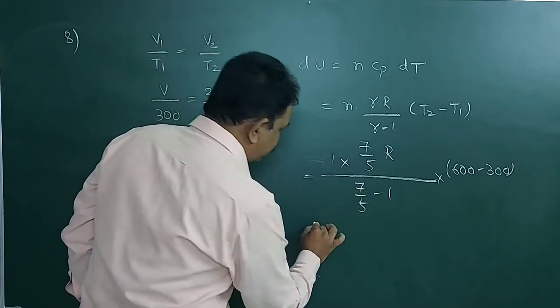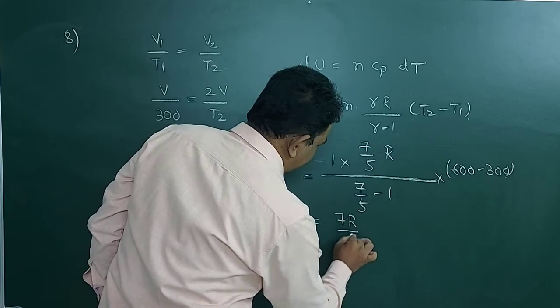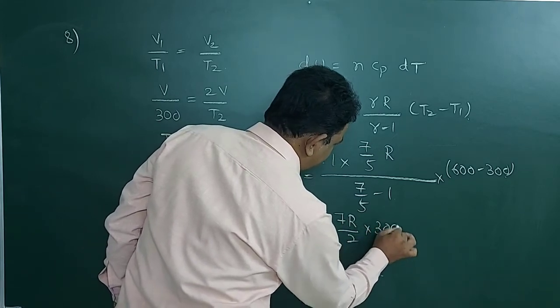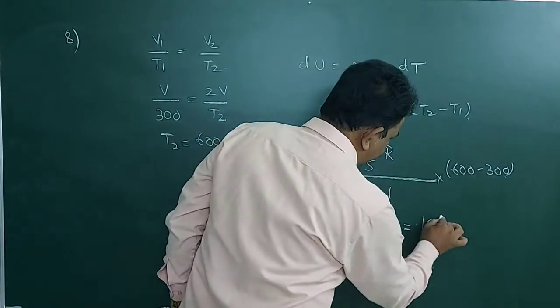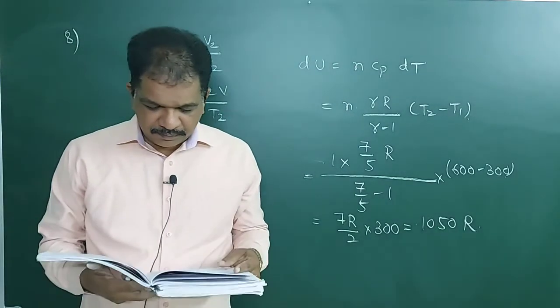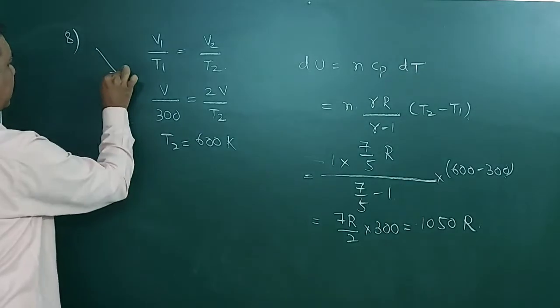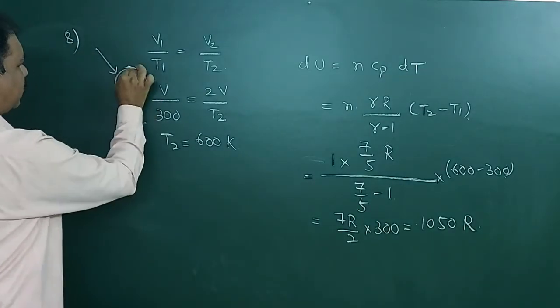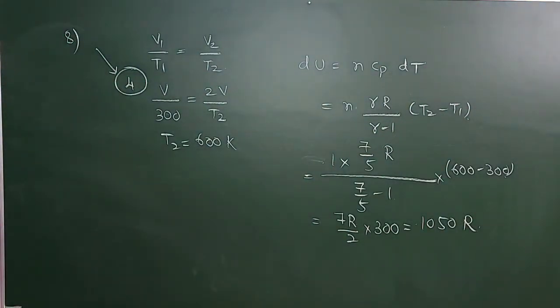So 7R by 2 into 300. So this value 1050R. Okay. 8th question, it will be 4th option. Okay. See the next one.